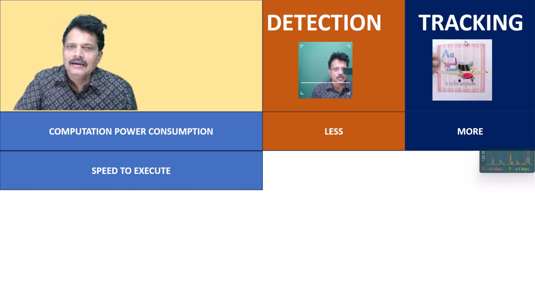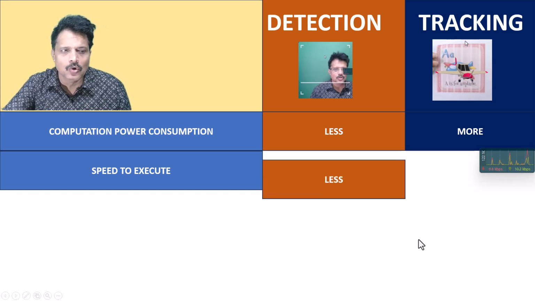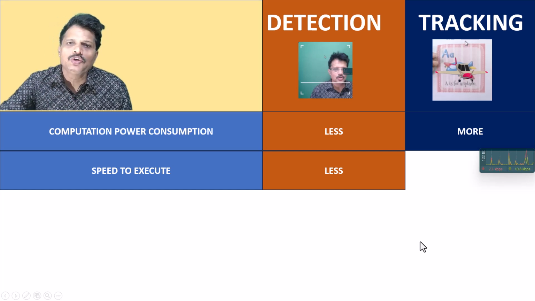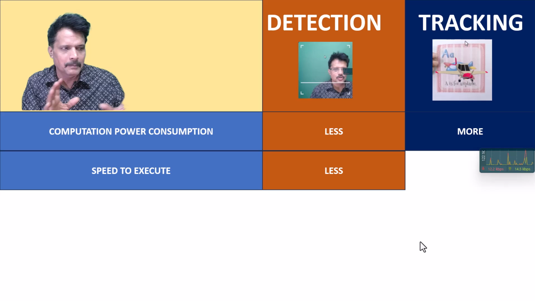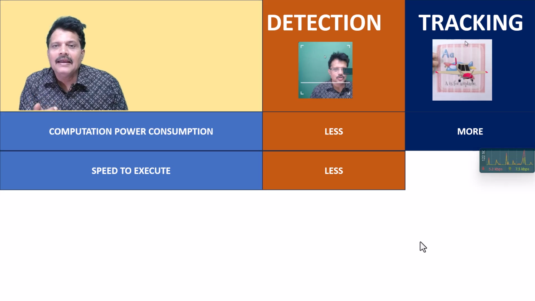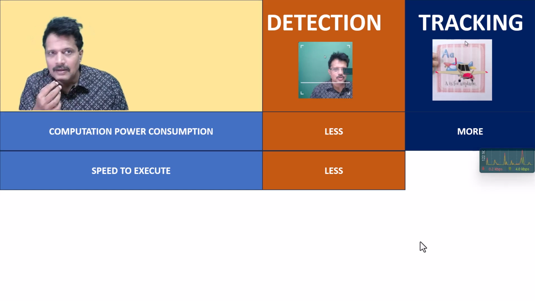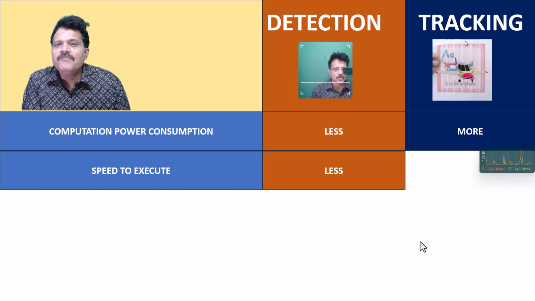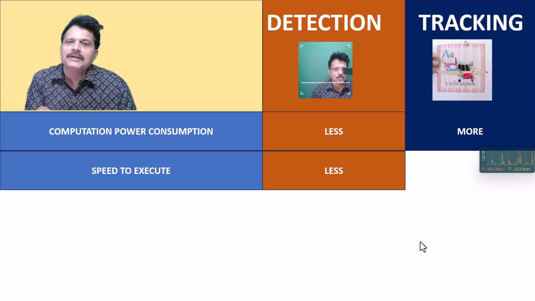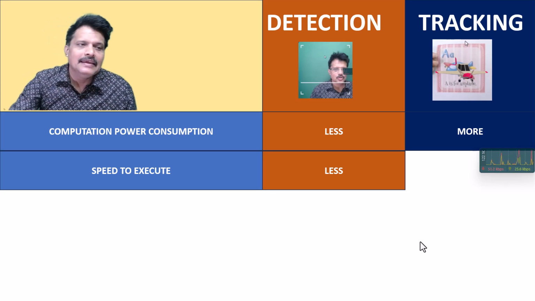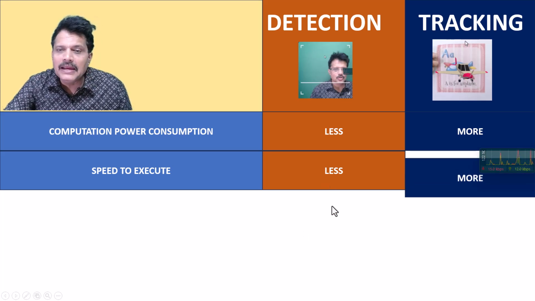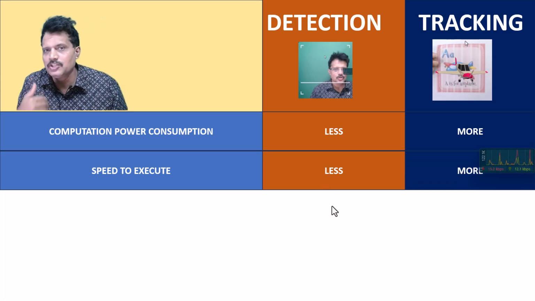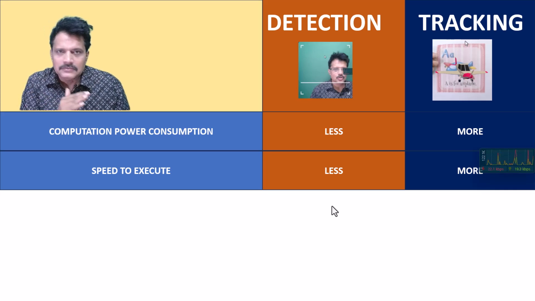So detection can be slower in execution speed. Now in case of tracking, as you are moving it, if by chance the tracking stops, your image has moved but the model would not have moved. So in case of tracking, the speed of execution should be more. It should execute faster. This is the second concept.